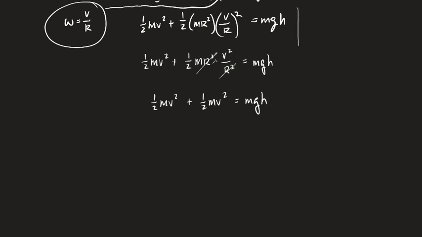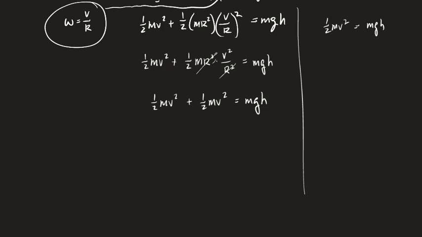Now, just a brief aside for you guys because you're going to have to start making connections here. If it was back in November when we were first introducing this and it was just a block sliding down a ramp, do you remember that? We would have had mgh equals 1/2 mv squared if there was no friction.